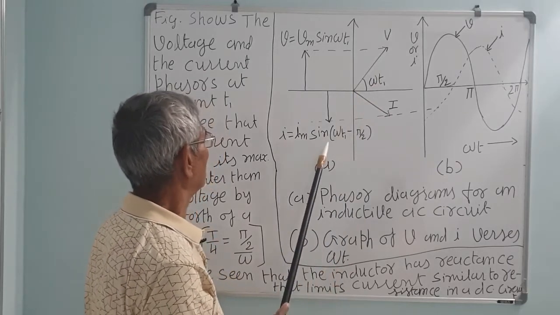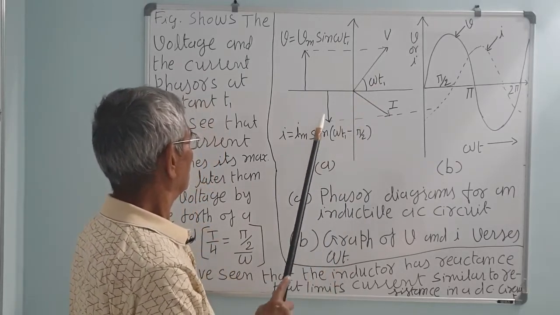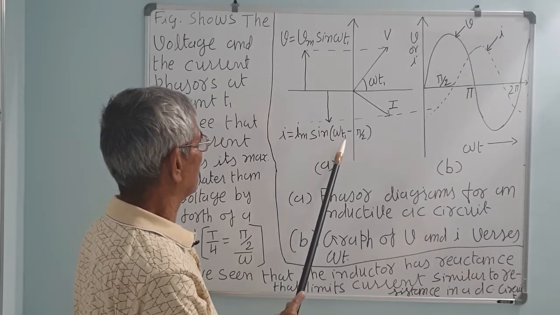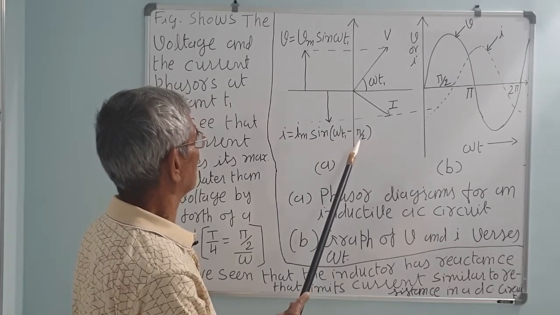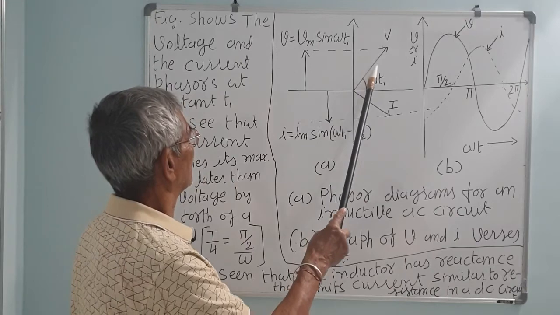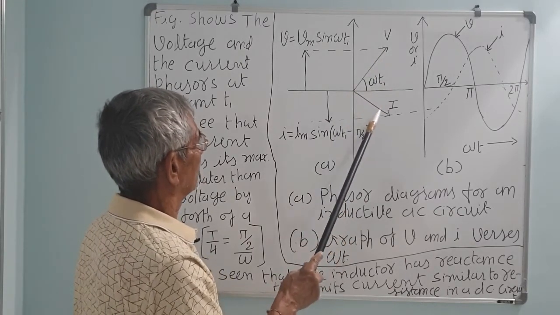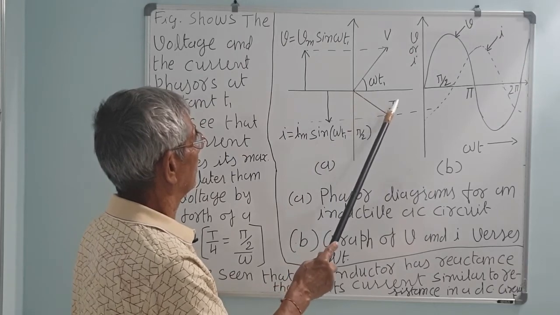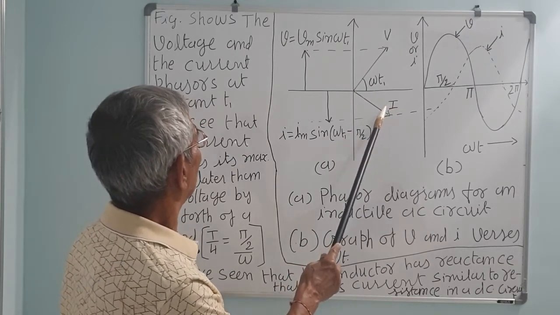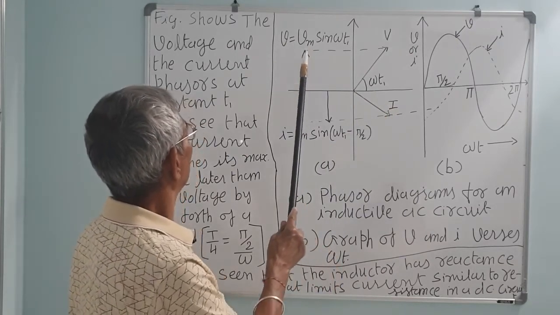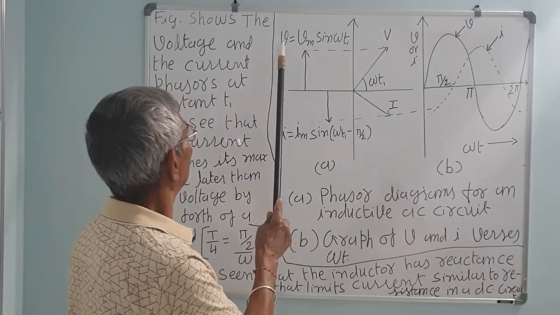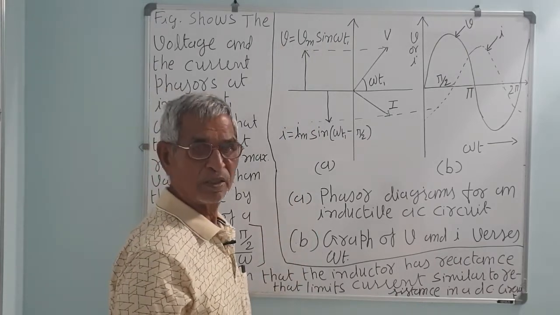This is the I, the sinusoidal Im sin(omega t1 minus pi by 2) at time t1. This is omega t1. This is the voltage phasor, and this is the phasor diagram for I. Correct? This is also voltage V equal to Vm sin omega t.